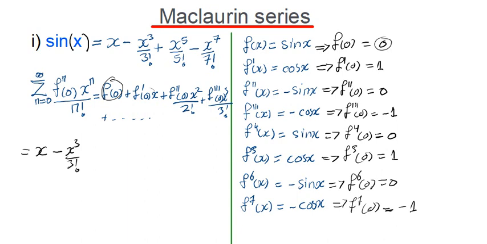Your fourth derivative will give you a 0, but your fifth is going to give you a plus, so you're going to have x to the fifth divided by 5 factorial. Then the sixth derivative, you won't have anything, it's a 0. Then the seventh gives you a minus 1. That is the coefficient of x, meaning that is your x to the power 7 divided by 7 factorial. And that's how we come up with that one.